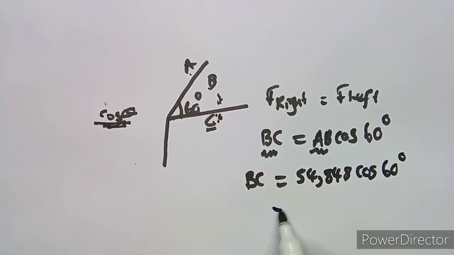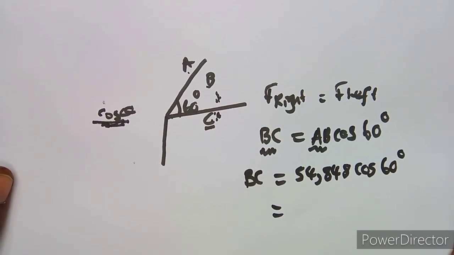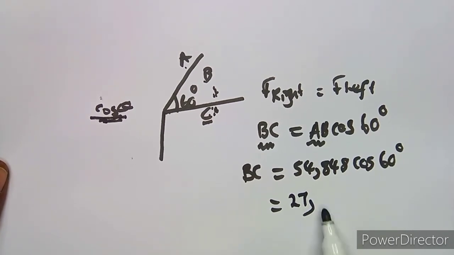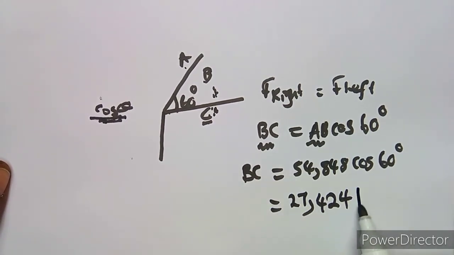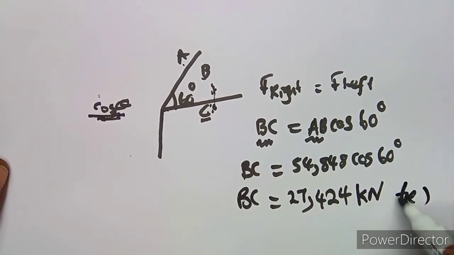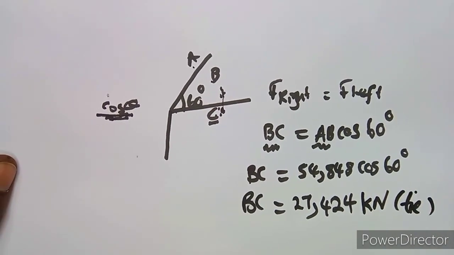If you multiply, you're going to obtain a decimal of 27,424, which is in kilonewtons, because the others are in kilonewtons. So that's your BC, and you agree that BC, guys, is a tie. So that's how you actually answer this question.